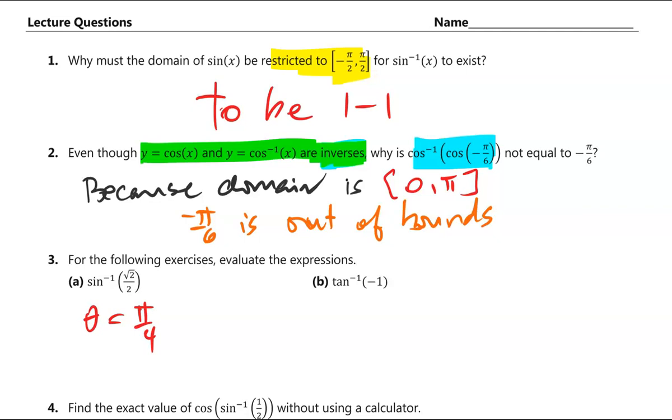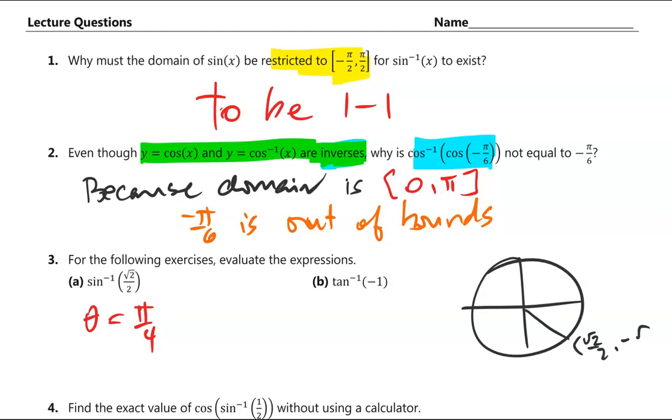And then inverse tangent of negative 1. Remember, inverse tangent ranges from negative pi over 2 to pi over 2. Just to recall, using the unit circle, to get negative 1, you have the angle here, where the coordinates are square root of 2 over 2 and negative square root of 2 over 2.